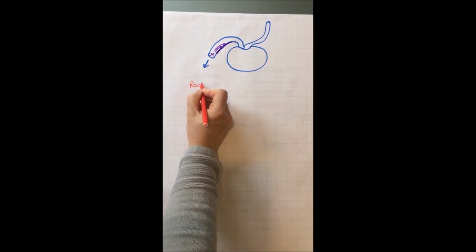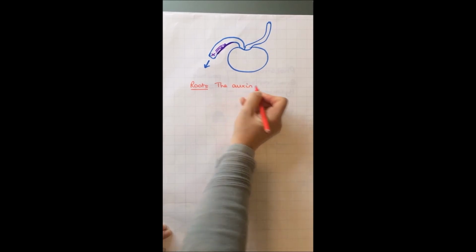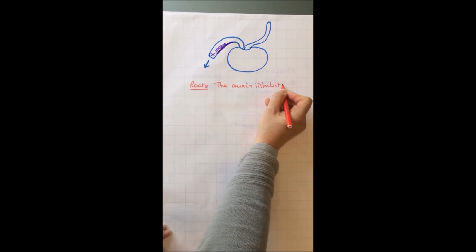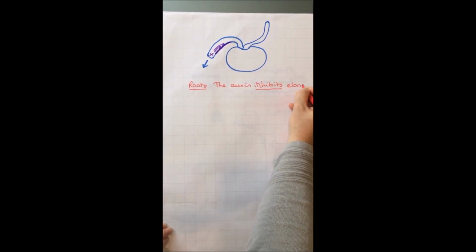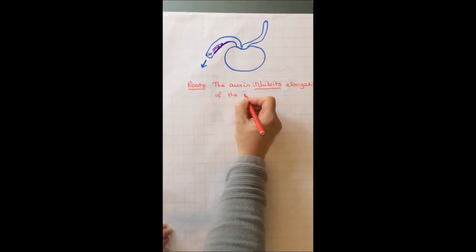So in roots, the auxin inhibits, so that means it stops elongation of the root cells.